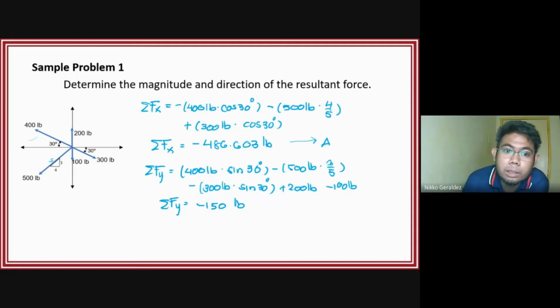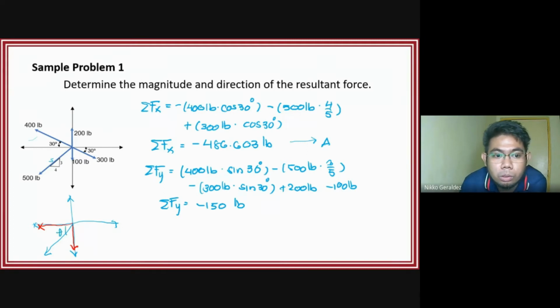So parehas negative, so pwede mo sketch yun. So ang X component, to the left, then Y component, downward, so resultant force mo nasa quadrant 3.